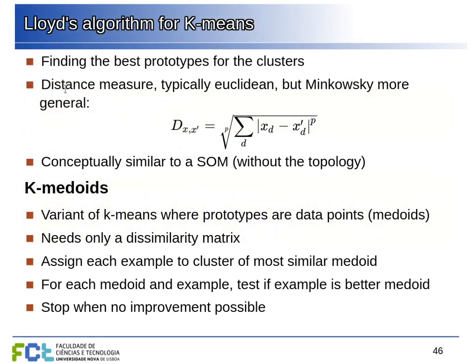Typically, we use Euclidean distance, but you can use any distance measure for finding the assignments of the points to the clusters. Euclidean distance is basically just one instance of Minkowski distance, where we use p equals 2.